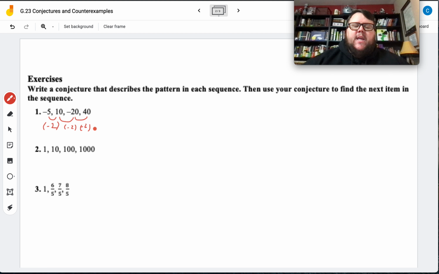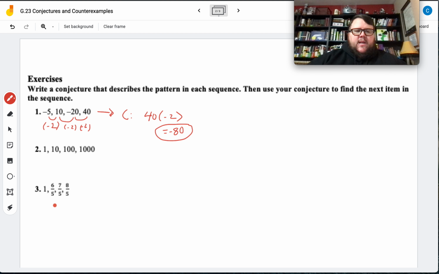Do you think we found our pattern? If that's our pattern, then our conjecture would be 40 times negative 2, which equals negative 80. So negative 80 would be our next term.